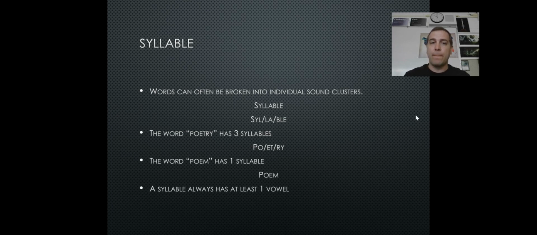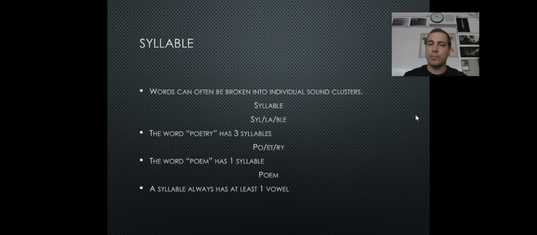The word poetry has three syllables. The word poem only has one syllable. You can always remember this because a syllable always has at least one vowel sound. If there's not another vowel sound, it's probably just one syllable.